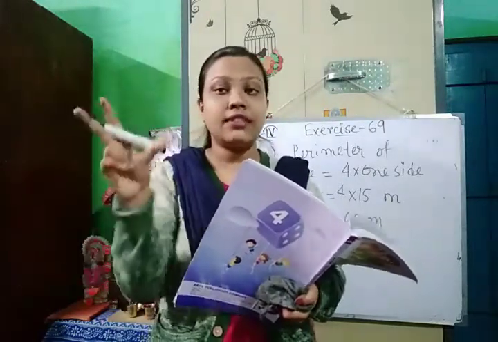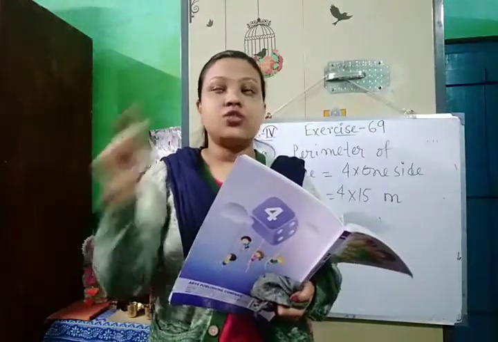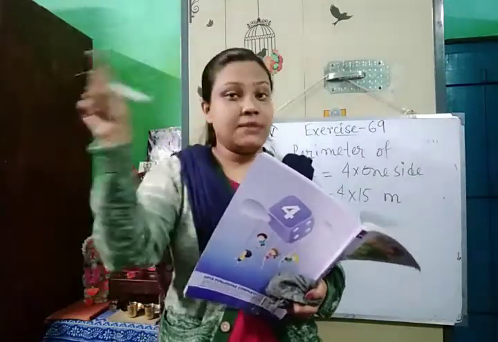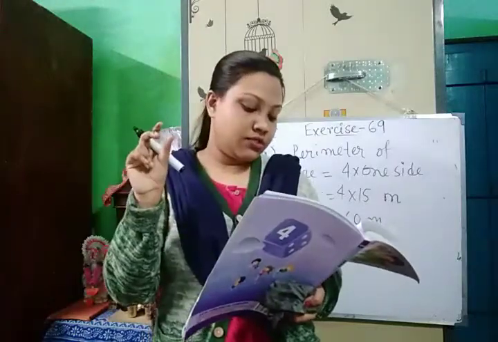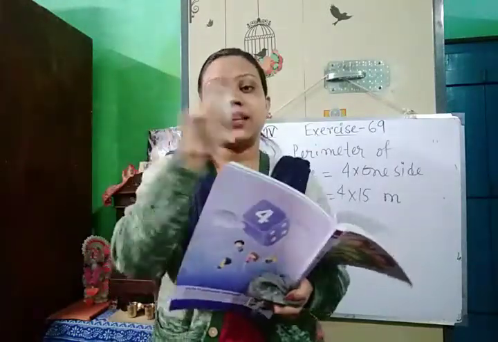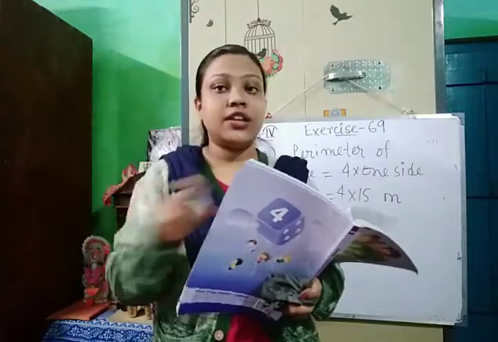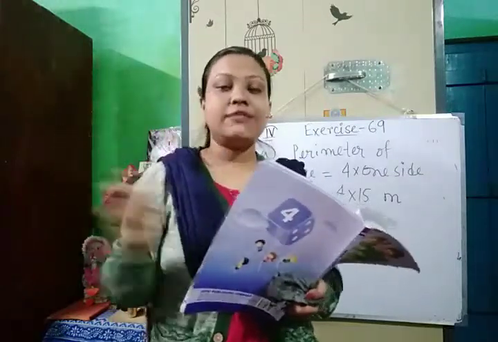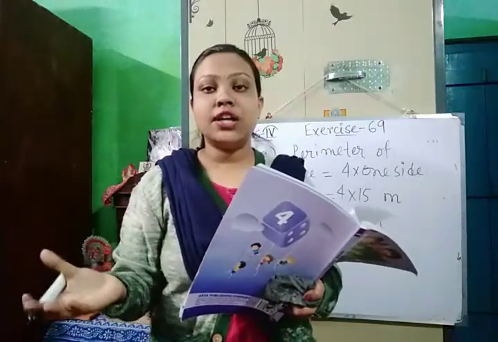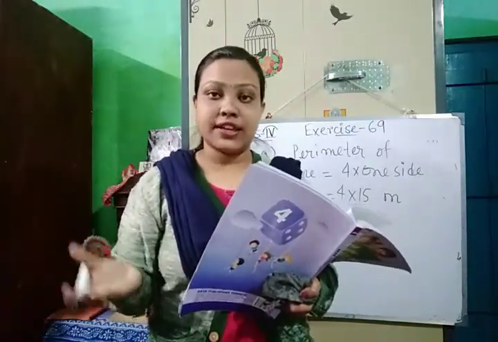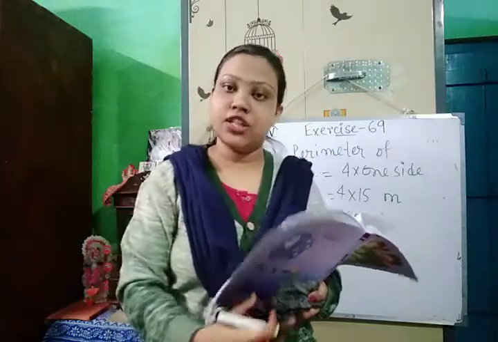So we know the length and the breadth of the picture. So we need to find out the perimeter, because he is going to frame it with a wooden stick. So that means he need to cover the boundary of it. So that means we need to find out the perimeter of the photo. So you know the formula to find out the perimeter of rectangle, because the photo is in a rectangular shape.